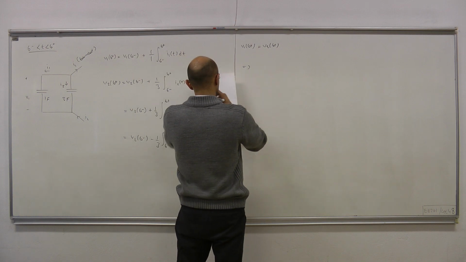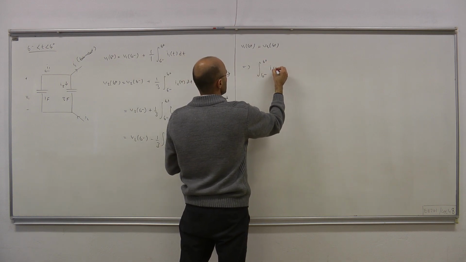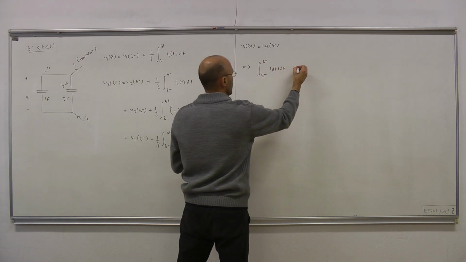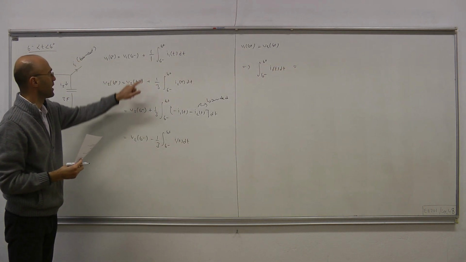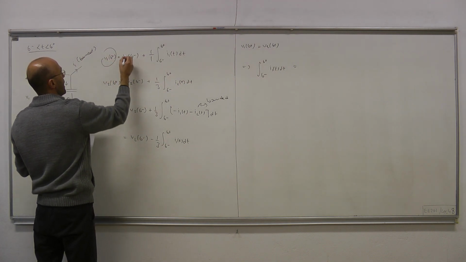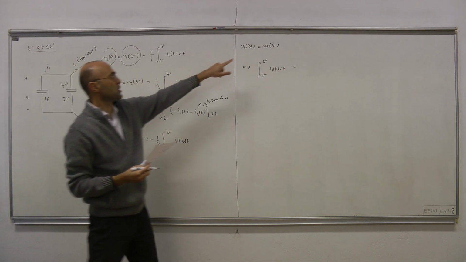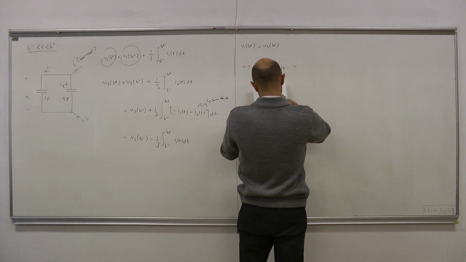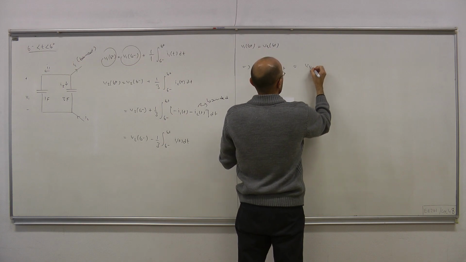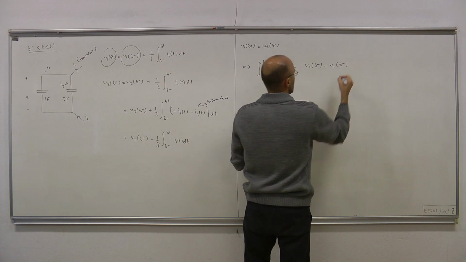Therefore, we can write the integral from 6 minus to 6 plus of I1(t) dt equals, from the first equation, this minus V1(6-), and V1(6+) is V2(6+). Therefore, we can write V2(6+) minus V1(6-).